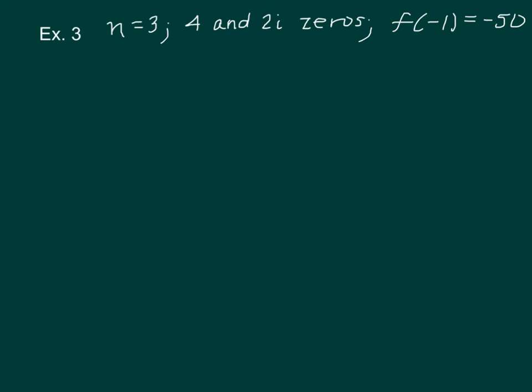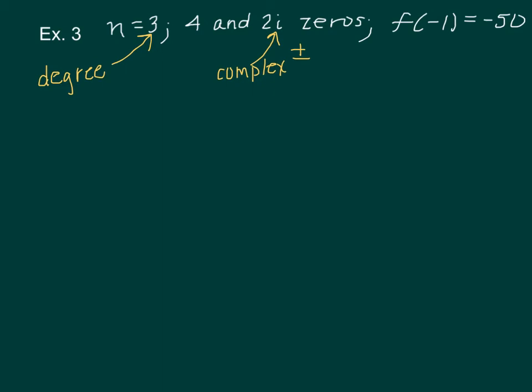Okay, so in this example, we're going to write the polynomial function. They're giving us a lot of information. N is 3, basically tells us that's our degree. So our highest exponent is going to be 3. They're giving us the zeros, 4 and 2i. Now note, 2i is a complex number, and complex numbers come in pairs. So they're usually plus and minus.